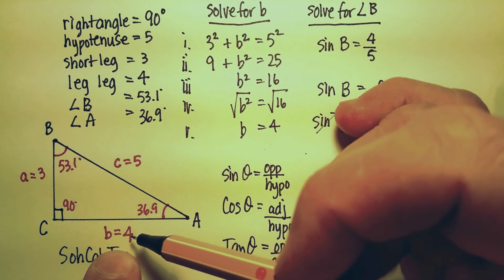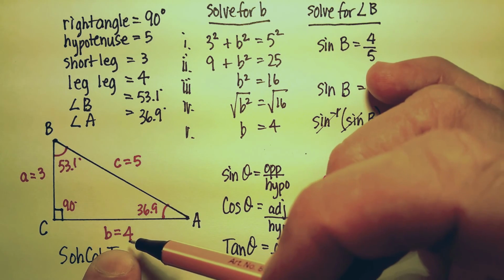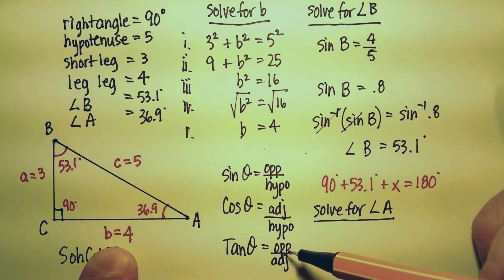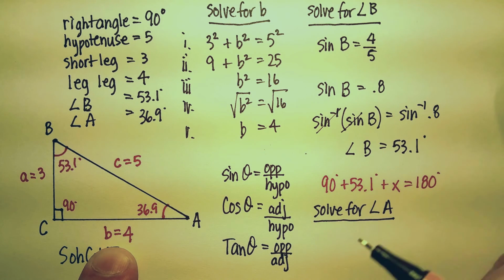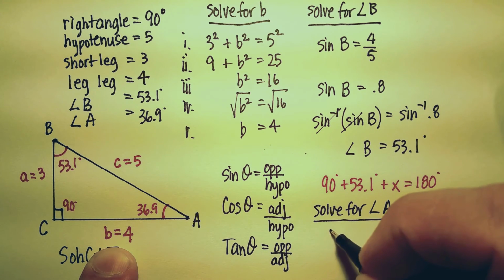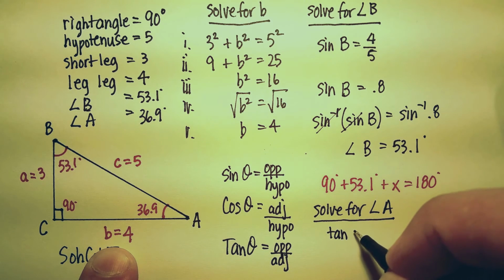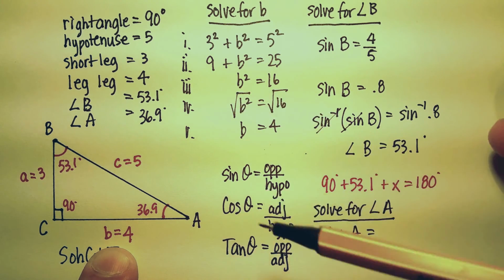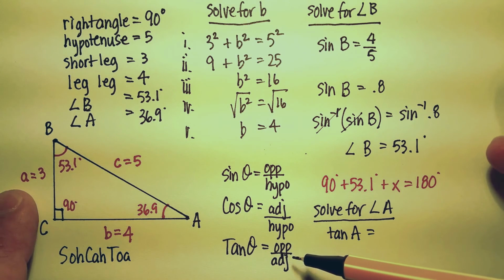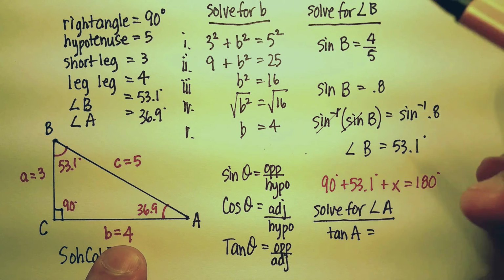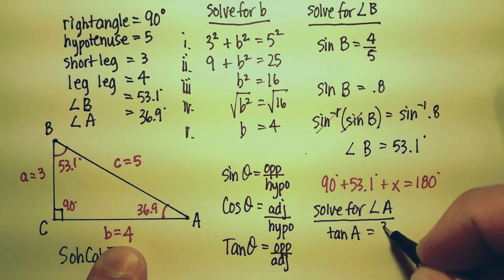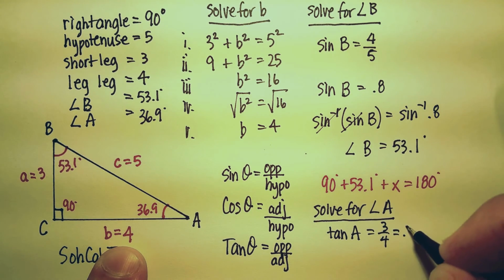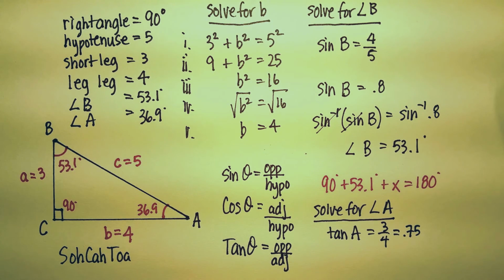I'm going to go, let's just see, how about opposite over adjacent, which would be the tangent function, right? So let's just say that the tangent of angle A is equal to the opposite 3 over the adjacent 4. I know that that's equal to 0.75.